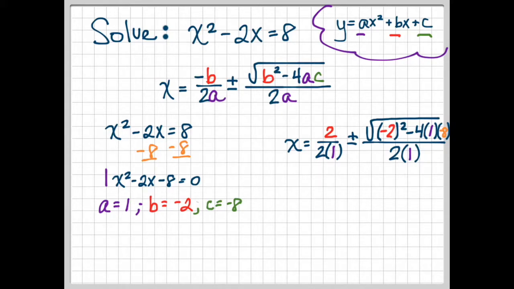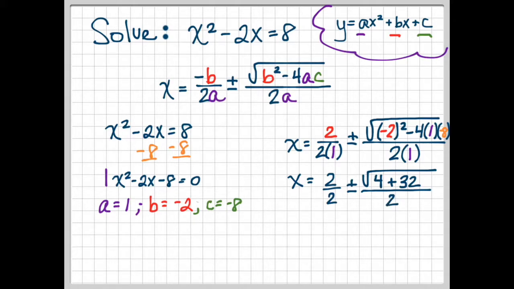From here we just need to simplify. So when I simplify my first term, it's 2 over, and then 2 times 1 is just 2. So plus or minus the square root of negative 2 squared, which we knew was 4, minus 4 times 1 times negative 8. So we got to keep in mind that negative times a negative is going to give me a positive. And then 4 times 1 is 4, times 8 is 32, over 2 times 1 is 2.